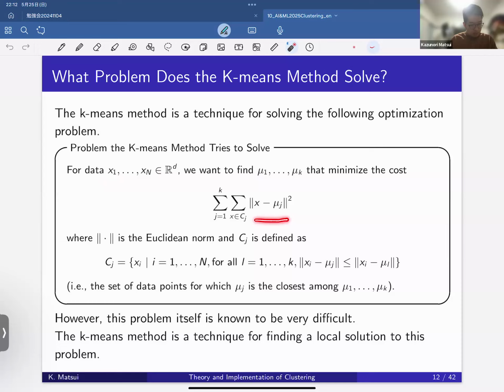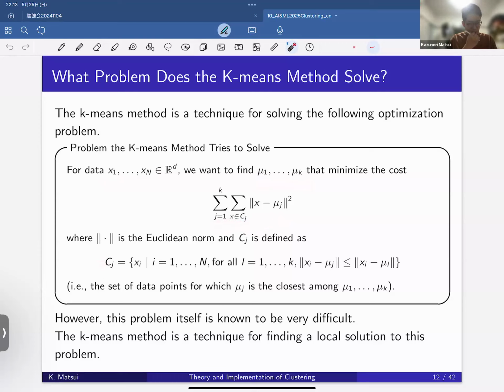That is the distance to the center for each cluster. We want to find mu1 through mu k that minimize the sum of all those distances. Cj is the set of data points for which mu j is closest among mu1 through mu k. Please think of it as this kind of problem.